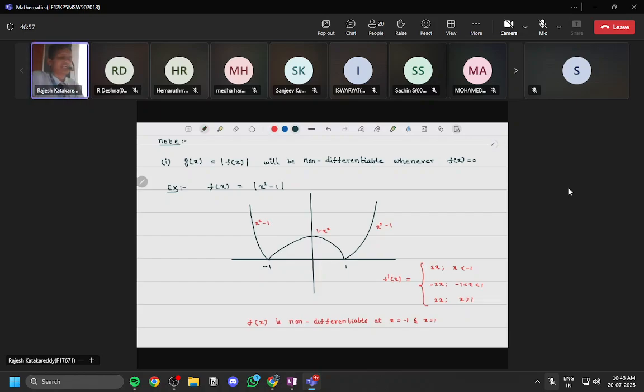Let us learn about algebra of differentiability. Like we have seen in algebra of continuity, you can put one table, again with columns f, g, f plus minus g, f into g, and f o g, f composition g.